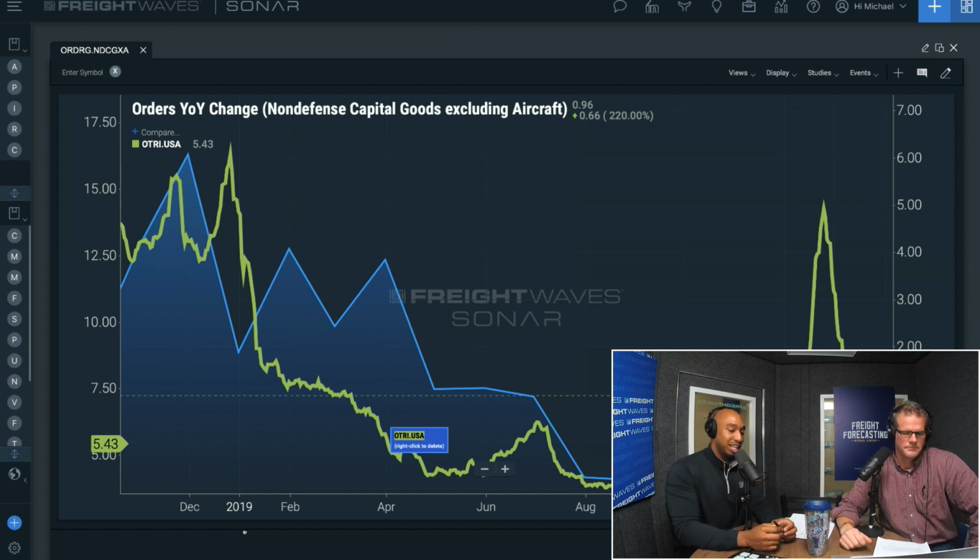Exactly. And so when we're looking at it like that, it's really used as an industry-wide indicator for business-to-business activity for capital goods, when businesses are really starting to ramp up production. And so what we're seeing here is a good measurement of what kind of activity will be coming online for businesses.